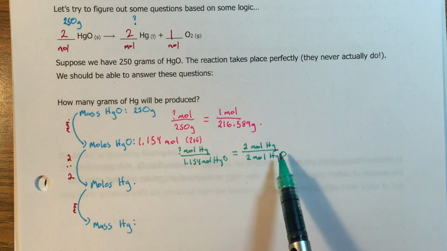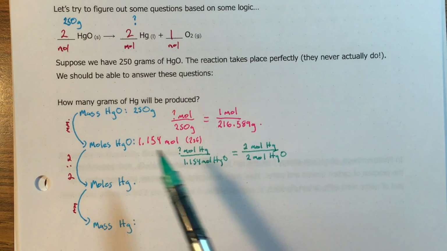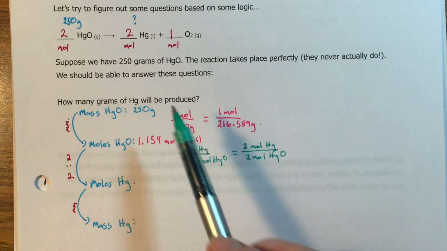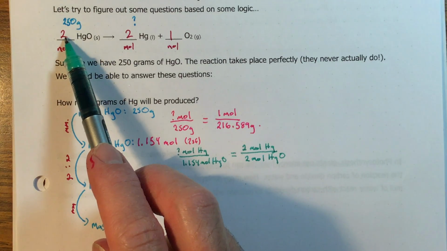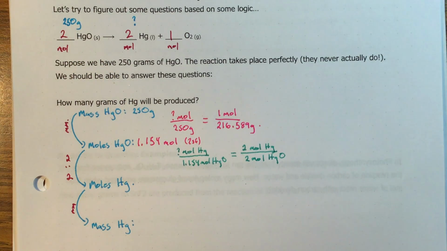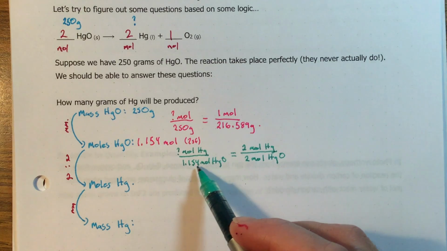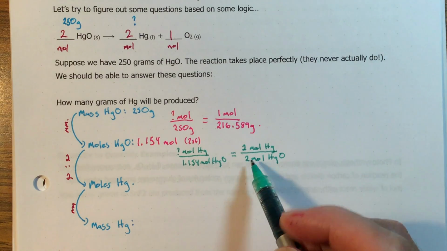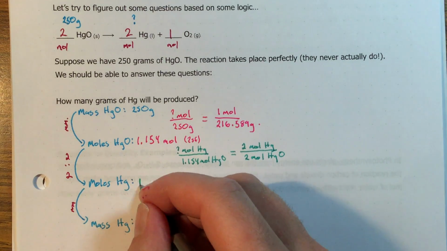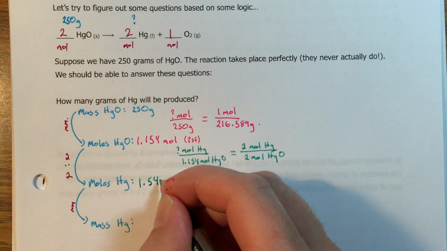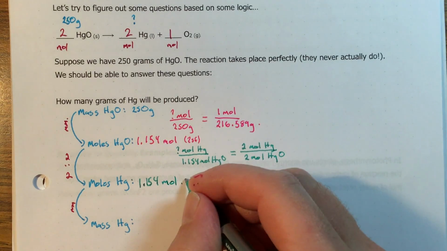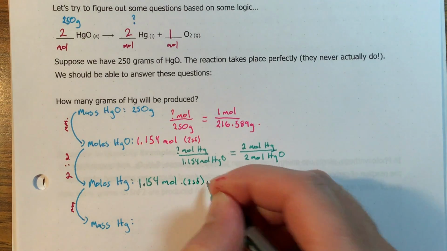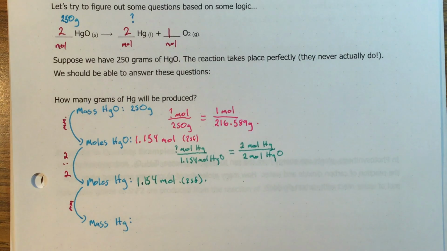I've got HgO all on the bottom, that's this guy. This 2 to 2 ratio comes from up here. Basically, it's the same thing. When I take 1.154 times 2 and divide by 2, my answer is 1.154 moles, and this guy would have 2 significant figures. So there's our second conversion done.